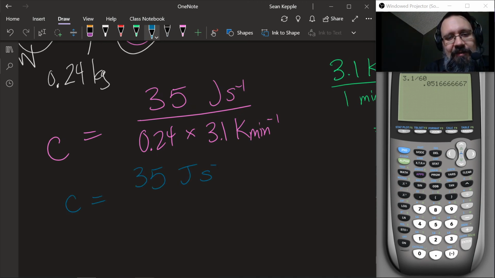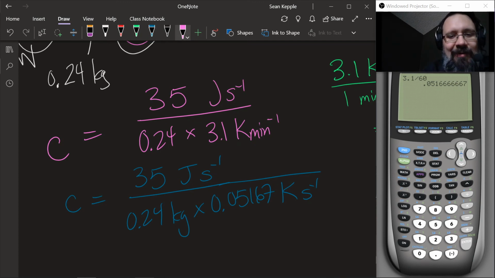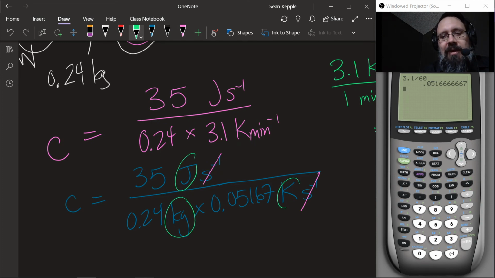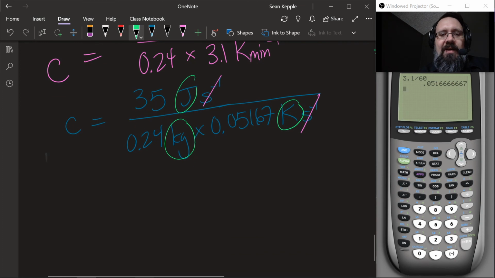So 35 joules per second divided by 0.24 kilograms times 0.05167 Kelvin per second. Okay, so now we're good. So the per seconds are going to cancel, and then we're going to be left with joules per kilogram per Kelvin, which are the units of specific heat capacity.